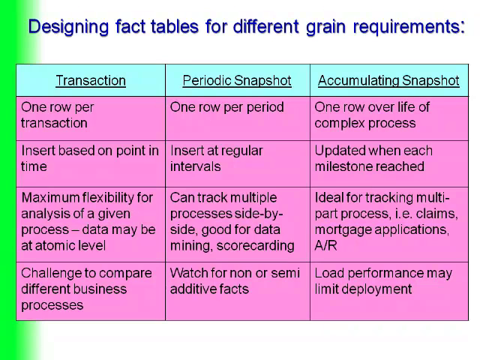In the case of periodic snapshot, we need to identify the fact category, either non-additive or semi-additive facts. Whereas in accumulating snapshot, load performance may limit the deployment because of the large size of data.